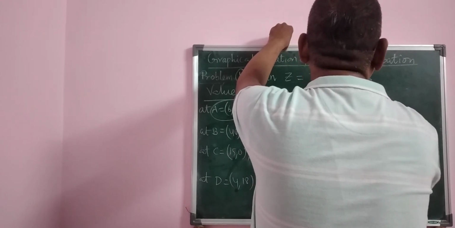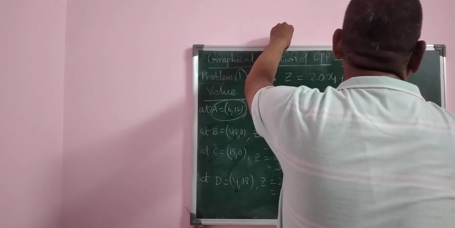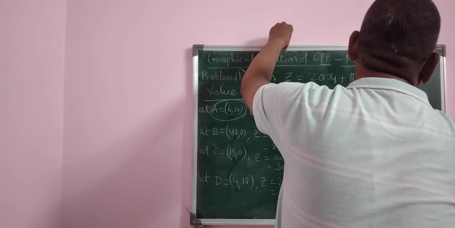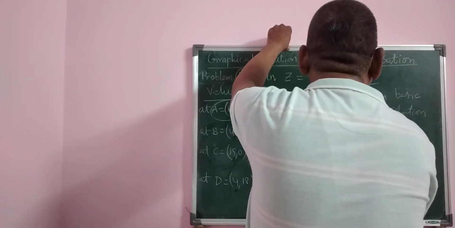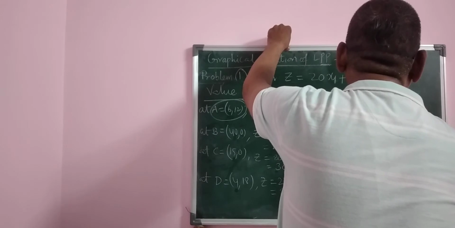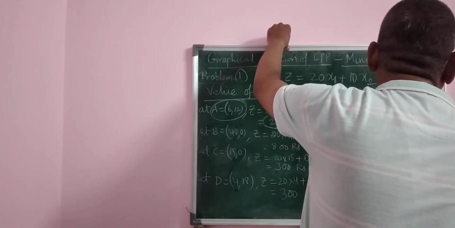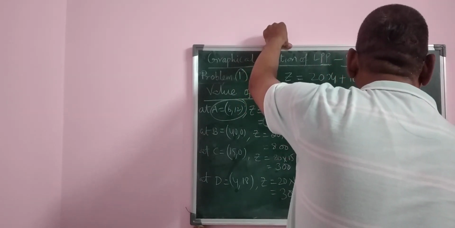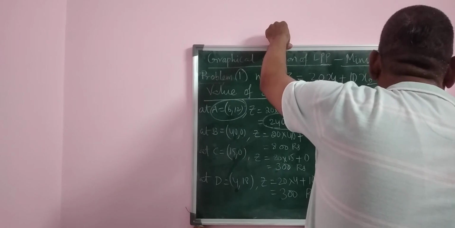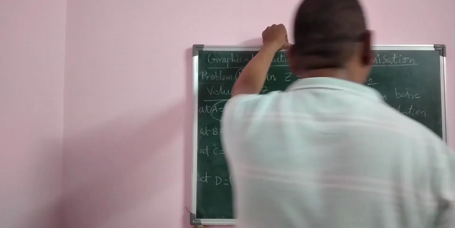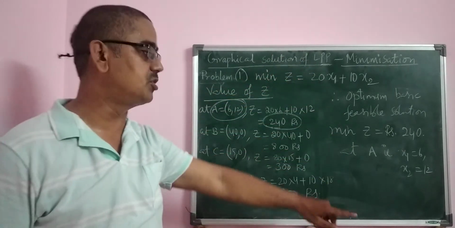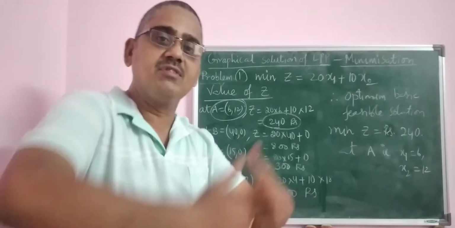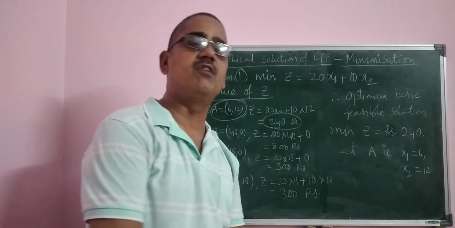The optimum basic feasible solution of the given linear programming problem is: minimum z is equal to rupees 240 at the point A, which means x1 is equal to 6 and x2 is equal to 12. Actually, the optimum basic feasible solution is x1 is equal to 6, x2 is equal to 12, which gives the minimized z equal to 240.